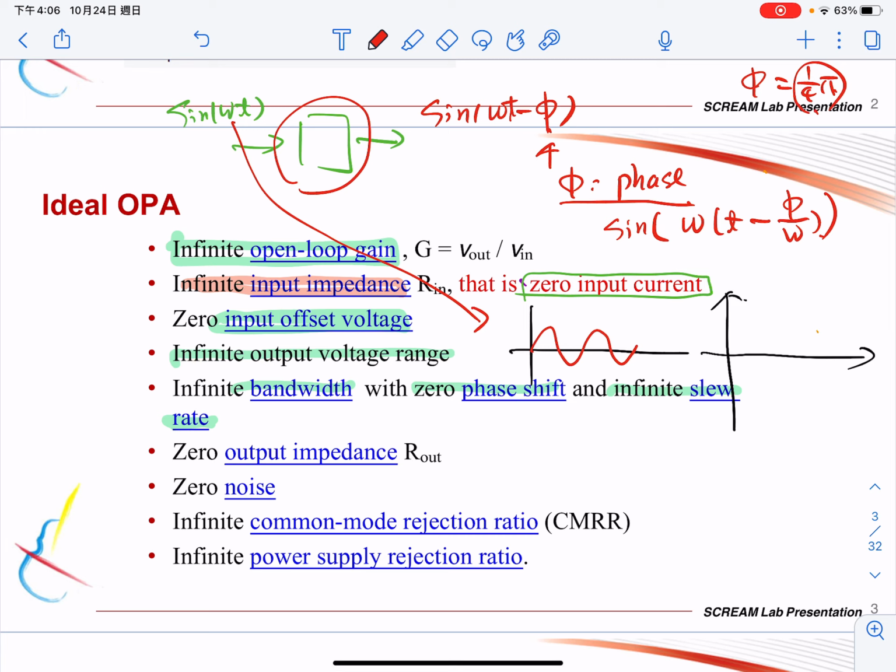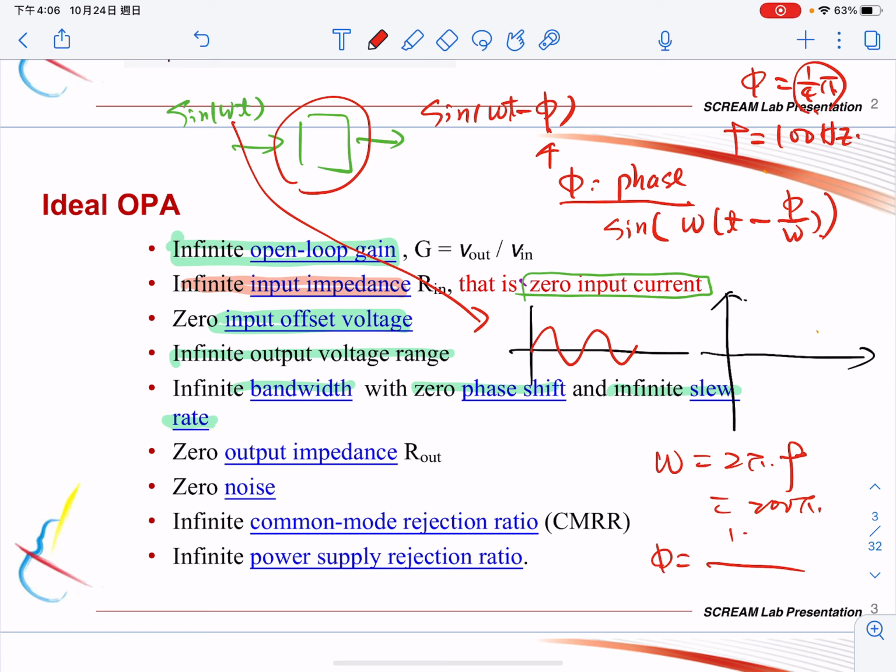and I have the frequency f equal to 100 hertz, then what about omega? Omega will be equal to 2 pi multiplied by f, which is 200 pi. So if the phase is a quarter pi and omega is 200 pi, then we get 1 over 800 seconds.